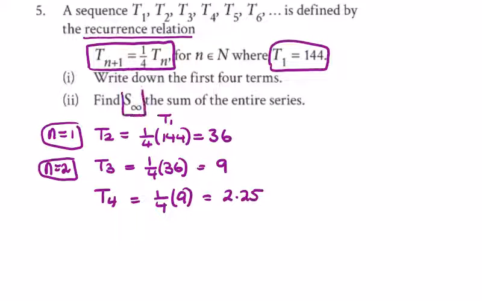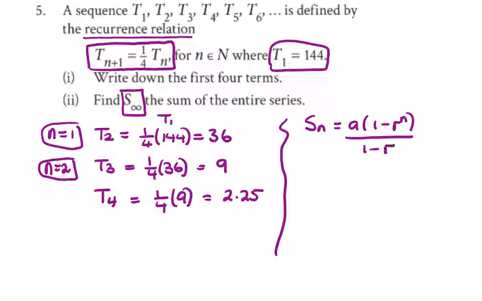S infinity, we're going to see this a lot in the next section of videos where they get a little bit trickier. Sn is equal to a times 1 minus r to the power of n over 1 minus r. And the sum to infinity of these sequences that get smaller and smaller is just going to be a over 1 minus r. So if we write out the first 4 terms, 144, 36, 9 and 2.25.